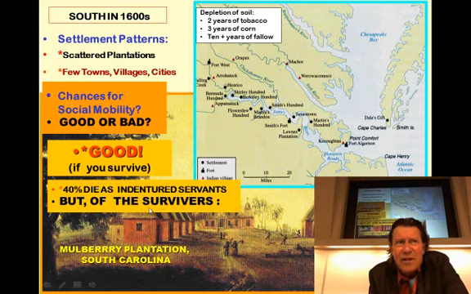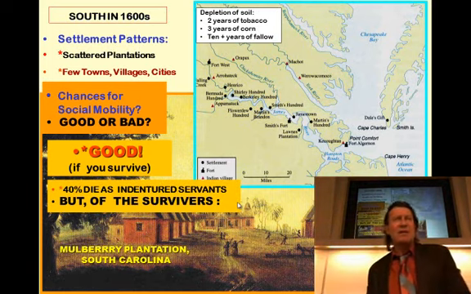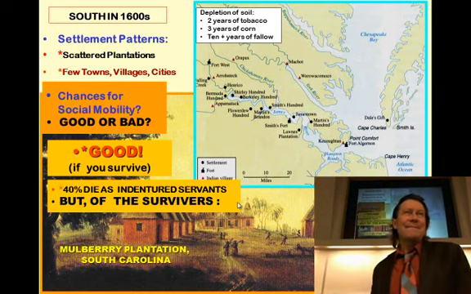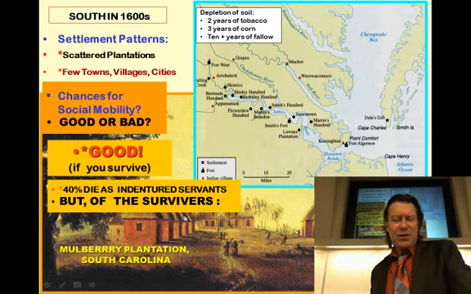Fully 40% of the indentured servants die because it was such a terrible situation in the 1600s. But if you don't count those people, and let's not count them because they're dead, let's count the people who live. And studies have been done about this, the kind of things that modern historians do.